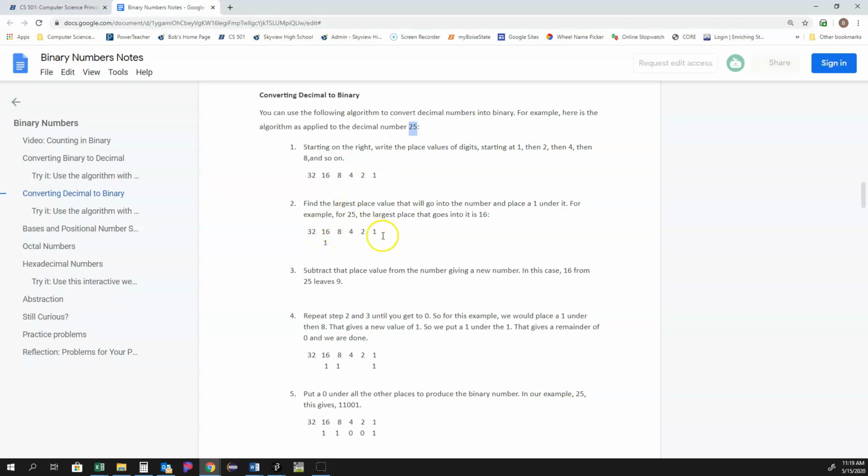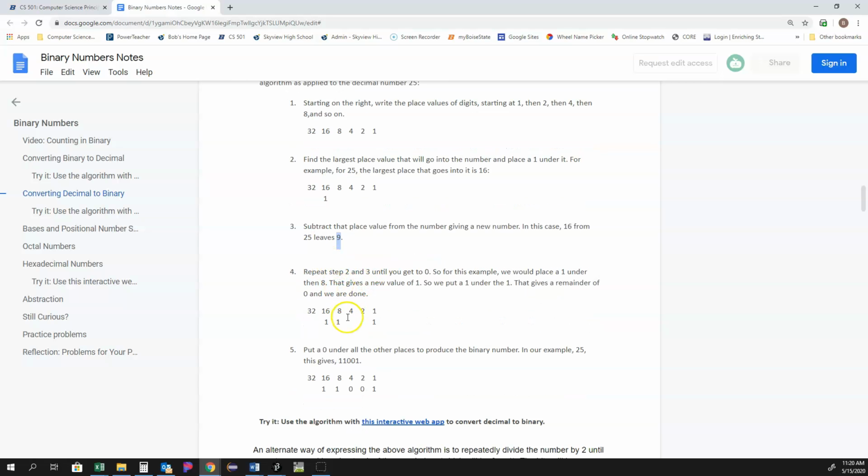So we take the largest chunk we can. As we move through this line, I can't take 32 from 25, but I can take 16 from 25. So I turn on my 16, and taking 16 from 25 leaves 9.